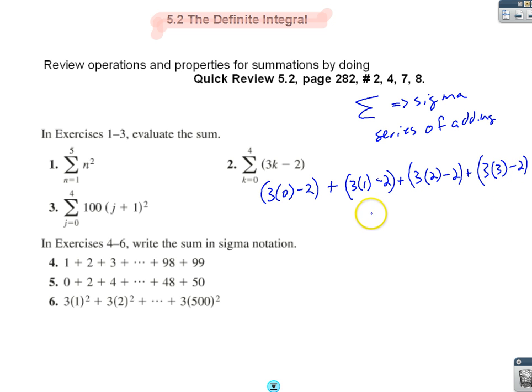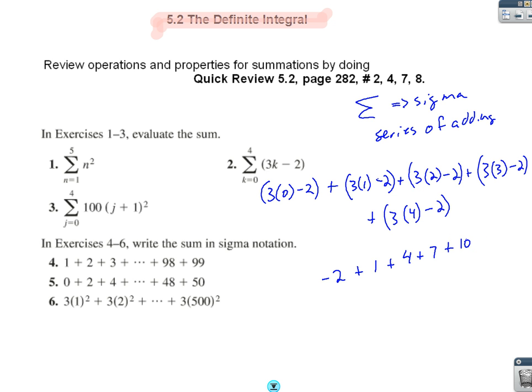Plus, finally, one last more: 3 times 4 minus 2. And I figure each one of those out. Negative 2 plus 1 plus 4 plus 7 plus 10.